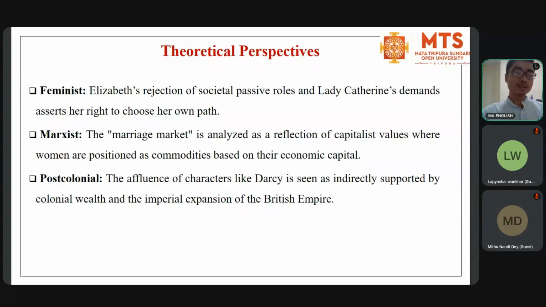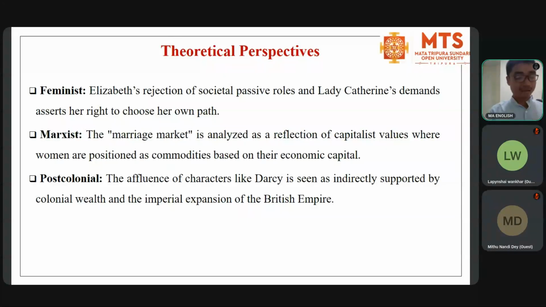The same thing here. Here marriage is used as capital, right? Through marriage only, the generational wealth of Mr. Bennet would be handed down to the next generation. So we can look at these things under the framework of Marxism also.